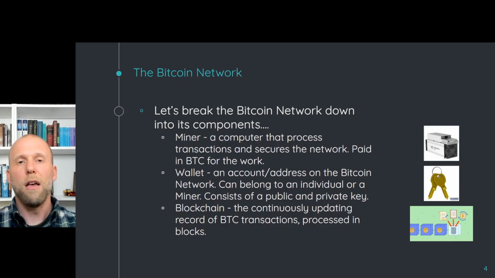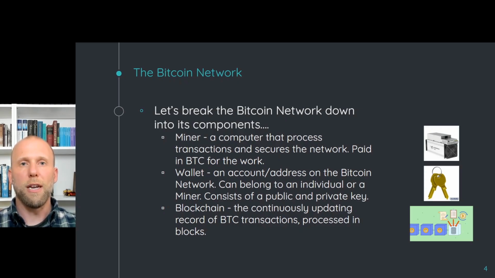It's a chain of blocks of transactions that's been continuously added to about every 10 minutes since 2009 when Bitcoin started. So when you hear blockchain, you can just think decentralized ledger, because it's decentralized because there's millions of computers all around the world that are updating and keeping track of the ledger.